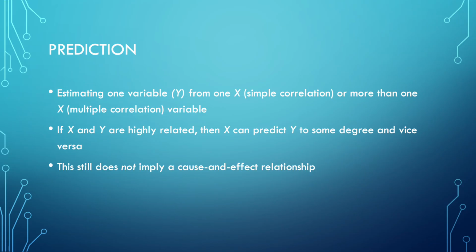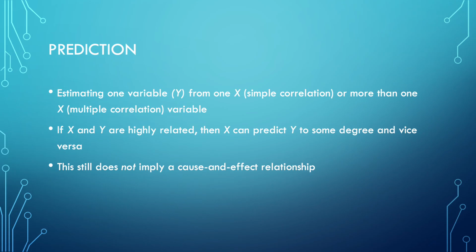There are different statistical analyses that we can do to try to predict or estimate one variable, aka y, from another variable, or x. If we're looking at how one x predicts y, it's a simple correlation. If we want to see how multiple x's predict y, it's a multiple correlation.